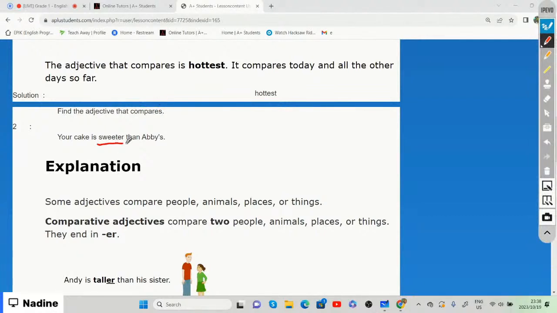It's comparing the two people's cakes, your cake to Abby's cake. And this is a comparative adjective, comparing two people's cakes.